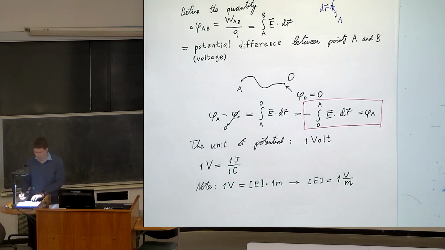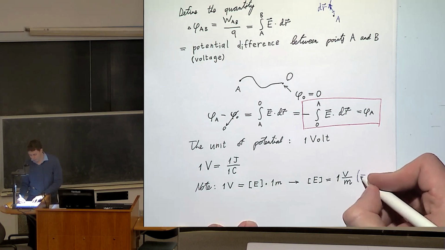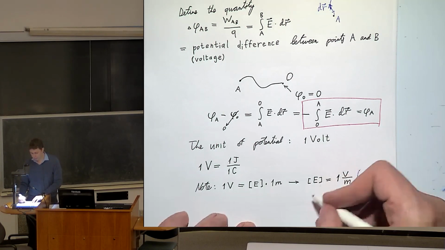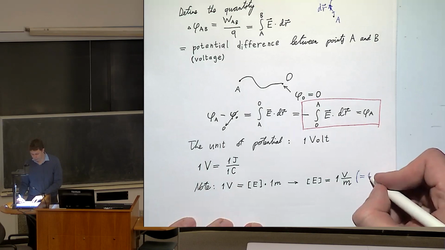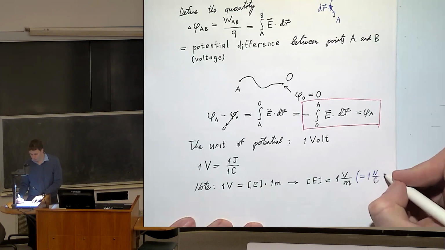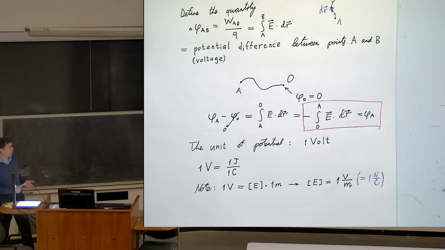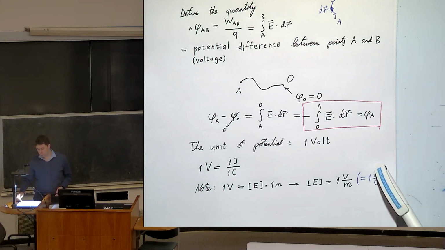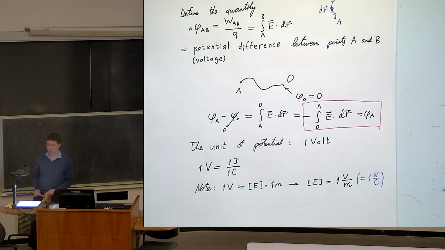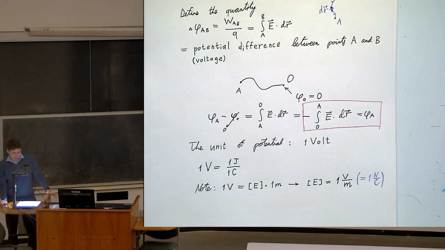Well, we discussed before that the unit of an electric field is 1 Newton per coulomb, because it's the amount of force per unit charge. So force, Newton, per charge, per coulomb. But it turns out, now that we introduced volts, that 1 volt per meter is the same as Newton per coulomb.